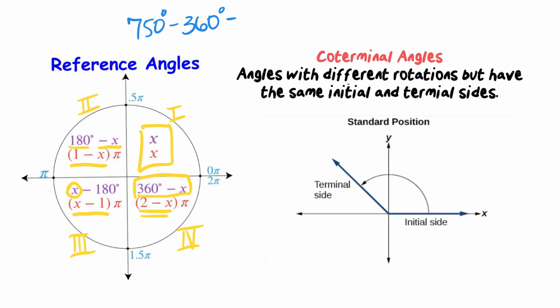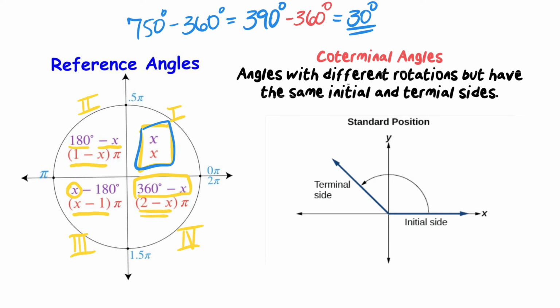When we subtract 360, we are still at 390 degrees, which is still more than 360. So all we simply do is subtract 360 one more time. So the reference angle associated with 750 would be 30 degrees. Since this falls in the first quadrant, we just simply keep the measurement, which is 30 degrees. So that is how we find reference angles.